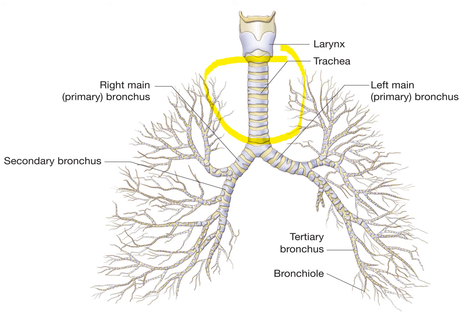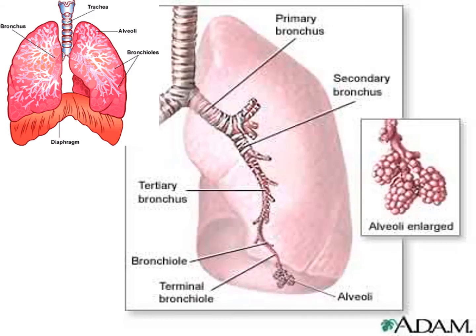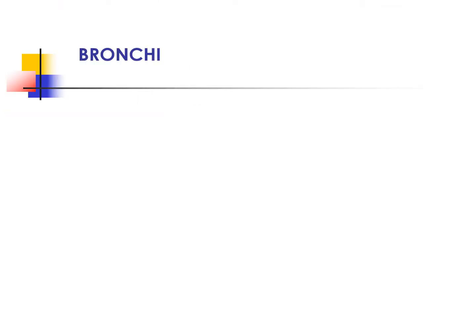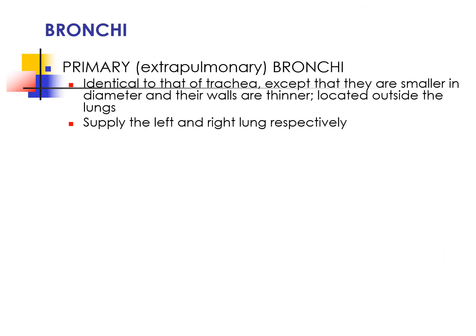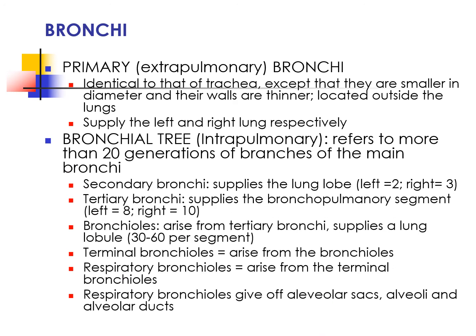Tapos, we'll further discuss. So kung mapapansin nyo, pababa tayo ng pababa. So from the nose, pababa papunta sa lungs. We have the bronchi. So we have the primary bronchi. Ang tawag also known as extrapulmonary.